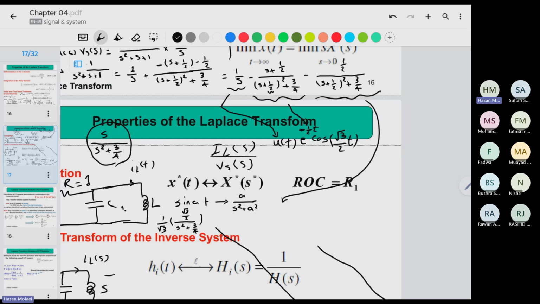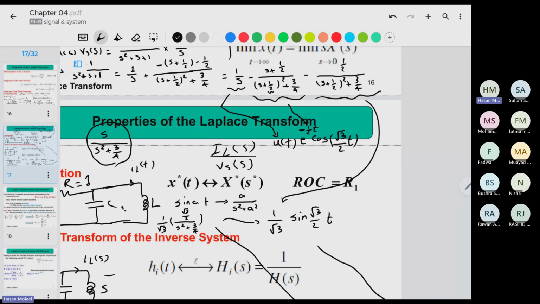And now these two are the same. So this would be 1/√3 sine of √3/2 t.